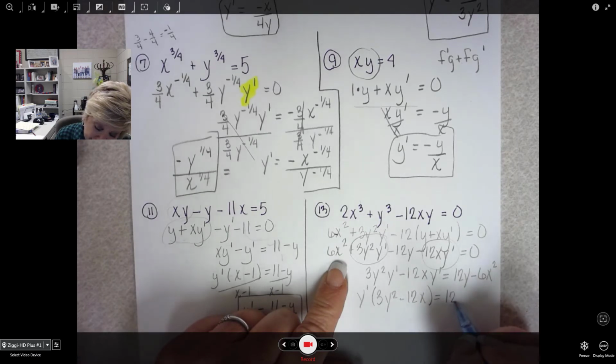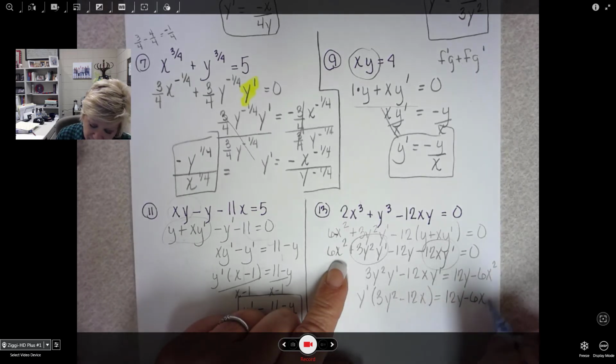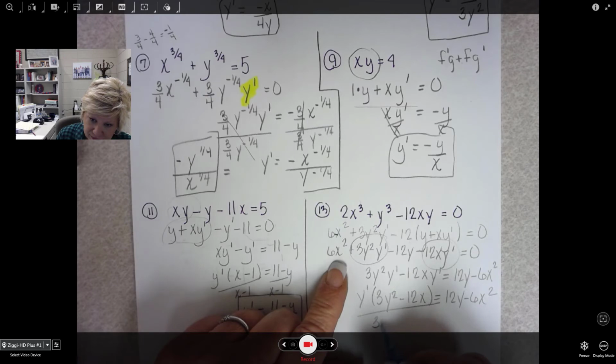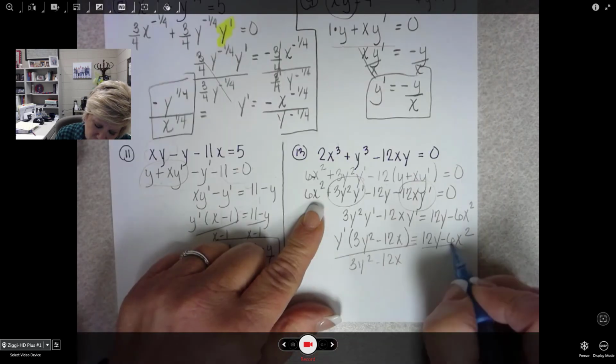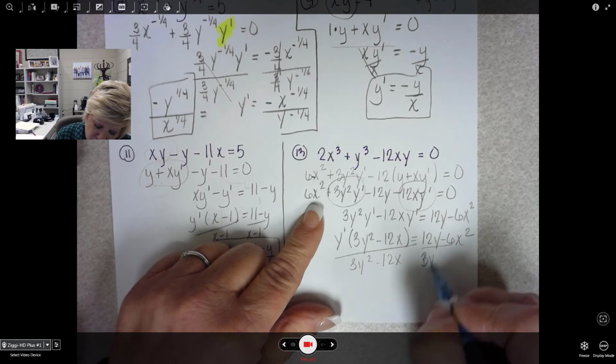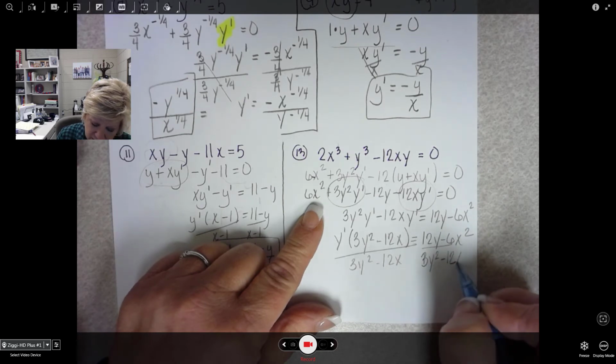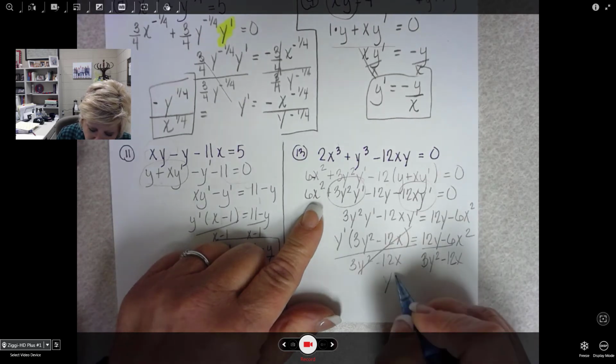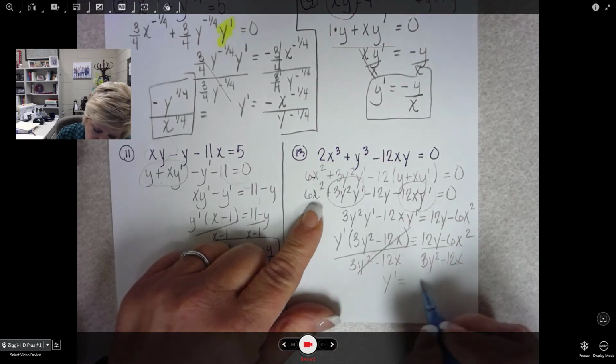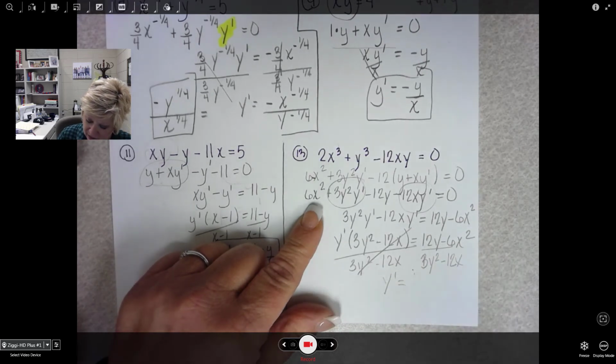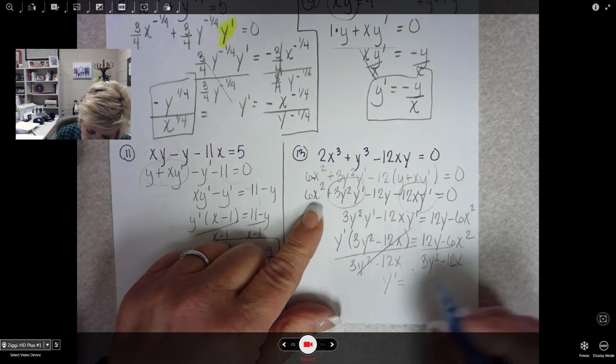And then again, you're just going to divide out this binomial. Oops, that'd be a 3y squared minus 12x. So finally, y prime equals, looks complicated, but we've already done it several times.